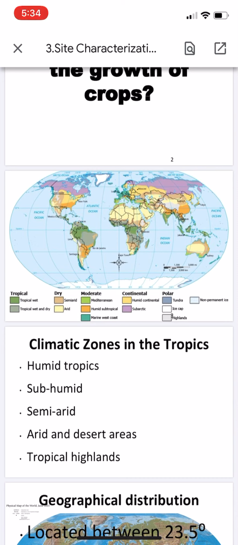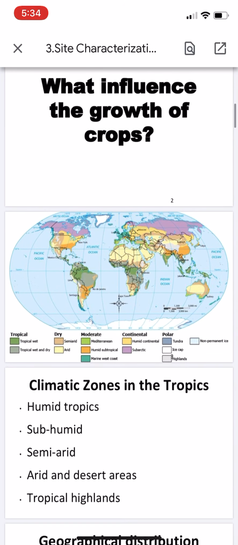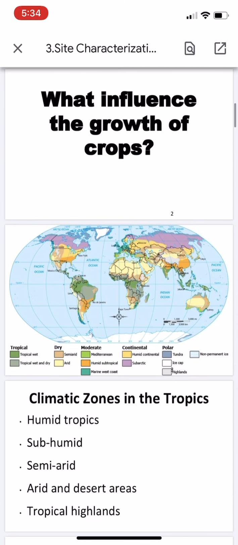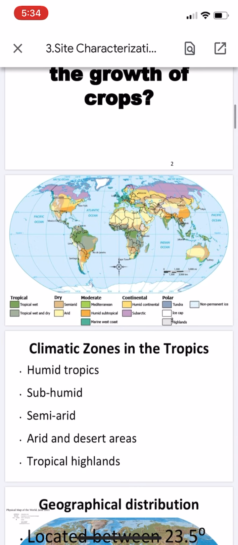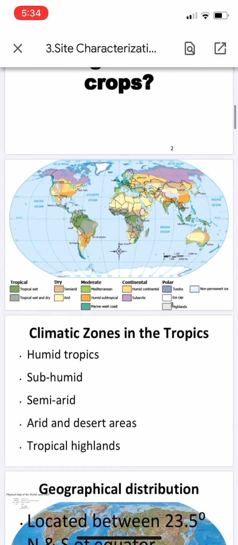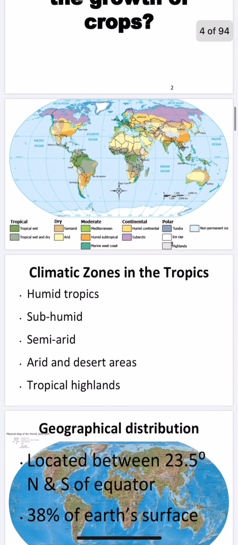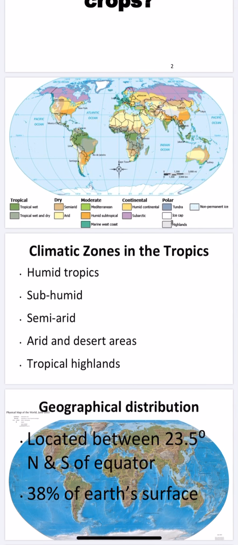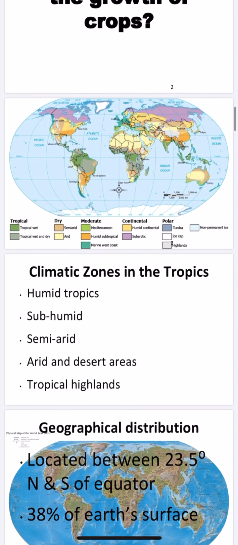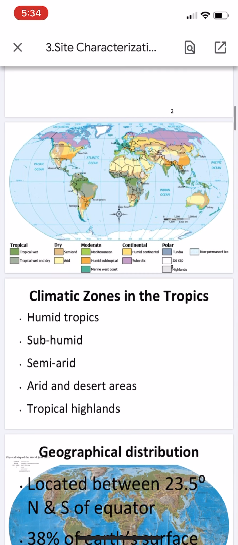So whenever I talk about this lesson, I always ask my students which part of the globe or of the map is Philippines located, and you might always misinterpret Philippines. Is it north or south of the equator? So as you can see here, it's actually on the north of the equator.